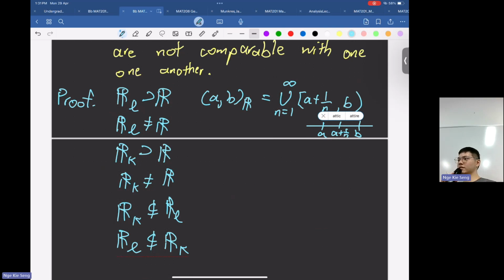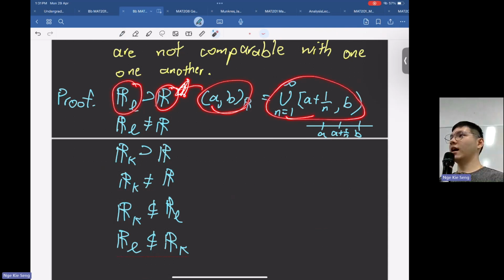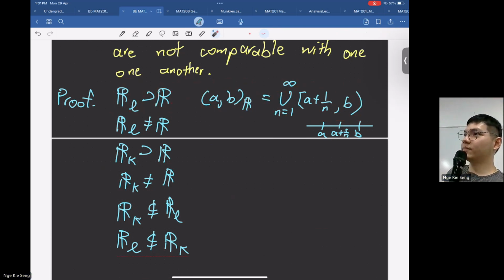Does it make sense? So you write the basis element in R as the union of basis elements in R_L. Okay, but a union of basis elements is still open, no?